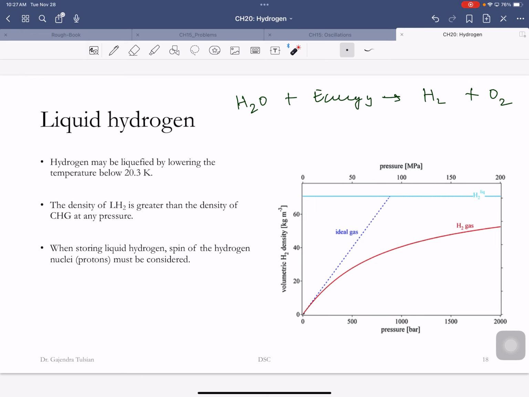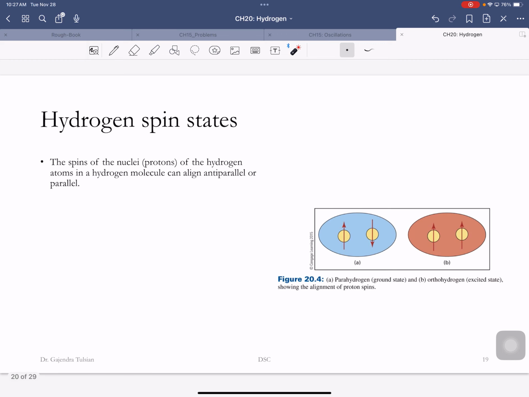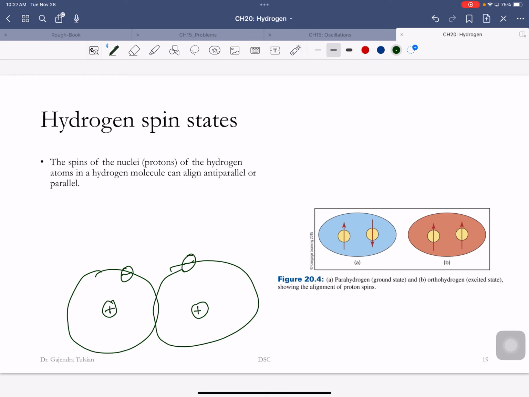Now, when you store liquid hydrogen, here's another thing you have to consider. What is hydrogen? A hydrogen atom has a proton and an electron. This is a hydrogen molecule.